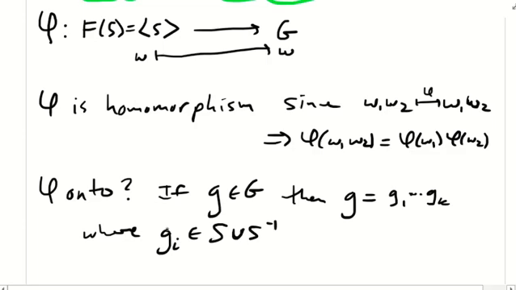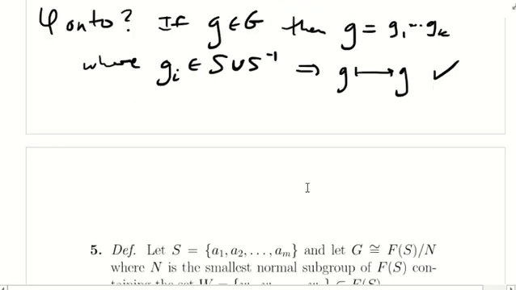That's what it means to be a generating set. So that means g is a word in the free group that maps to g, right? So that makes it onto.